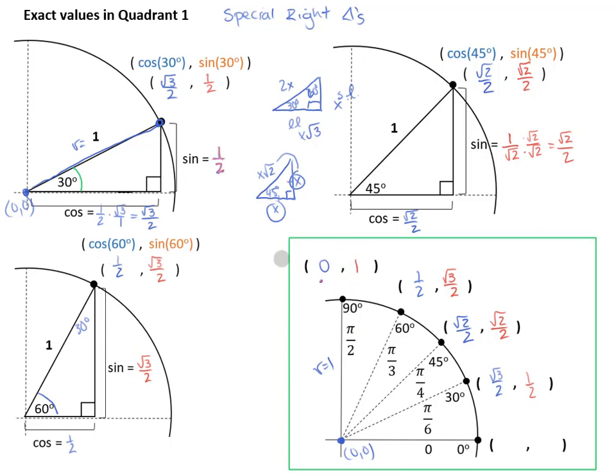So the cosine of 90 degrees is 0, and the sine of 90 degrees is 1. Okay, so just remembering what these x and y coordinates represent. The x-coordinate is the cosine of our angle, and the y-coordinate is the sine of our angle, where theta here is just our angle.